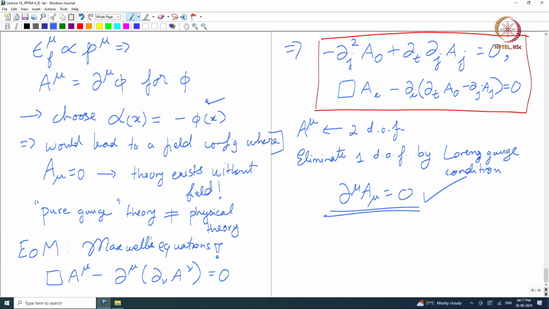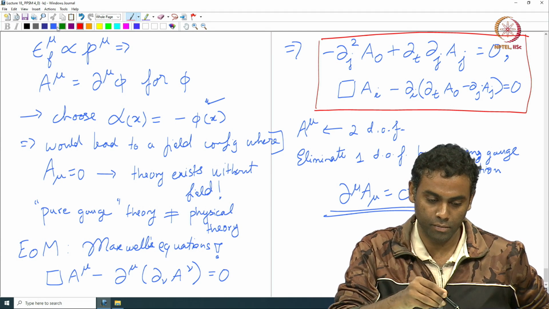Okay, but what about the other one actually? There is one more condition, right? So what do I do about that? This is where a very cunning trick has been devised to embed particle physics into field theory.